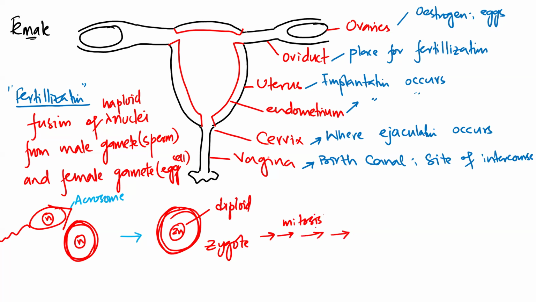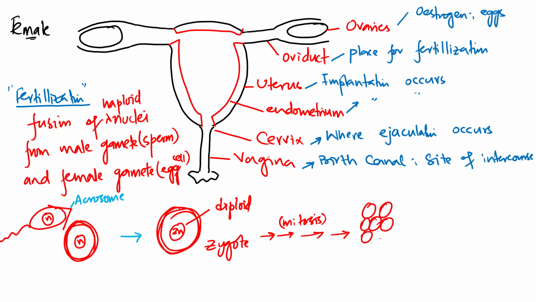Then this zygote divides by a process called what? Mitosis. Where chromosome number is halved or it's kept same? It's kept same.